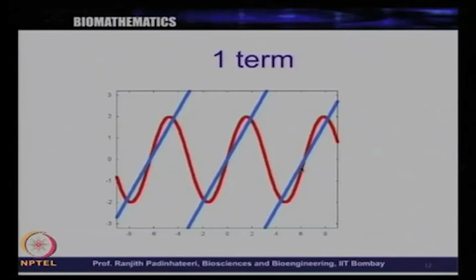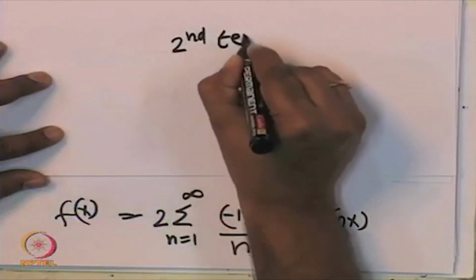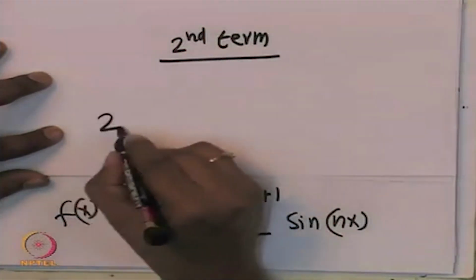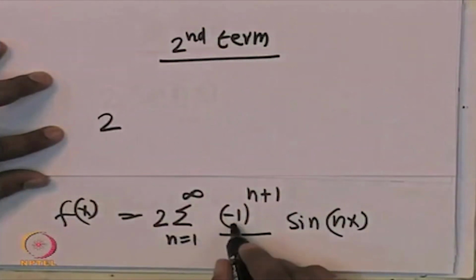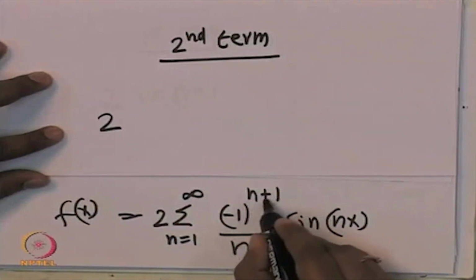Now, let us take the second term. What is the second term? Second term is n equal to 2. So, look here, what is the second term? 2 into minus 1 power n plus 1, n is 2, so 2 plus 1 is 3.